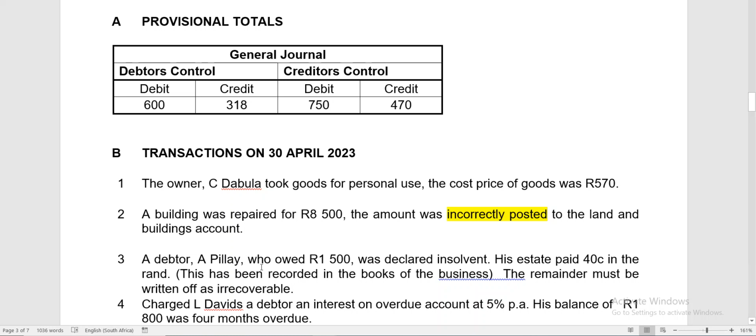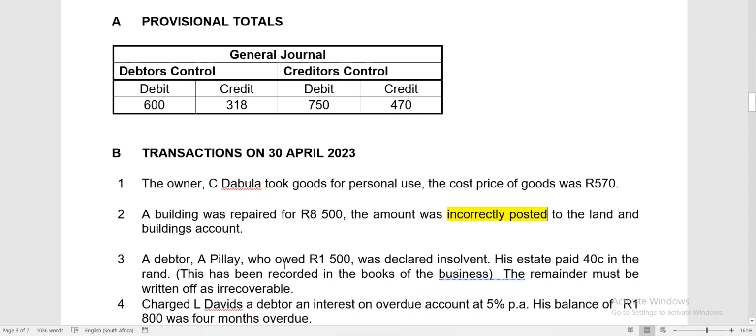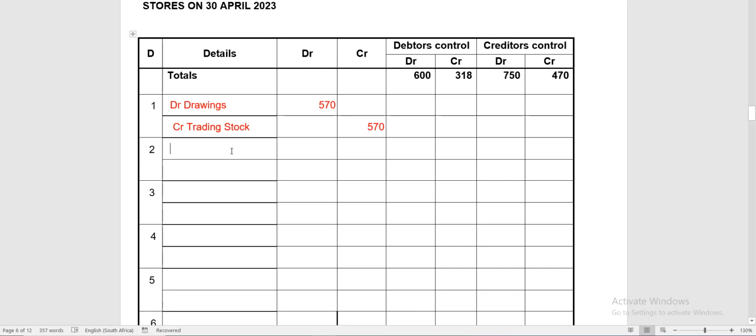Okay, so the movement of the transaction will be that we debit repairs, and then we would credit land and buildings.